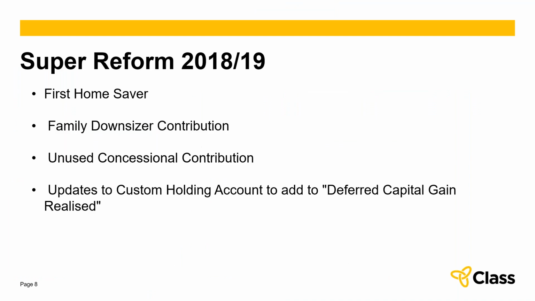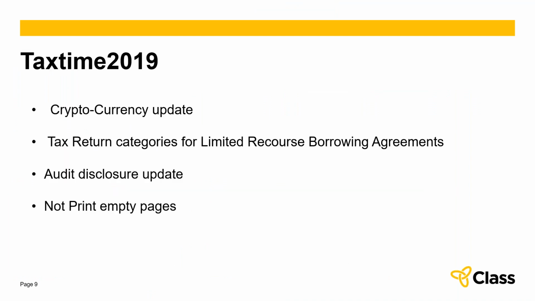Now, the last thing I want to go through is tax time 2019, and I will move pretty quickly here because the form really hasn't changed very much from the previous year. A lot of the changes are to capture information on activities that I just spoke about, the downsizer and the first home saver.